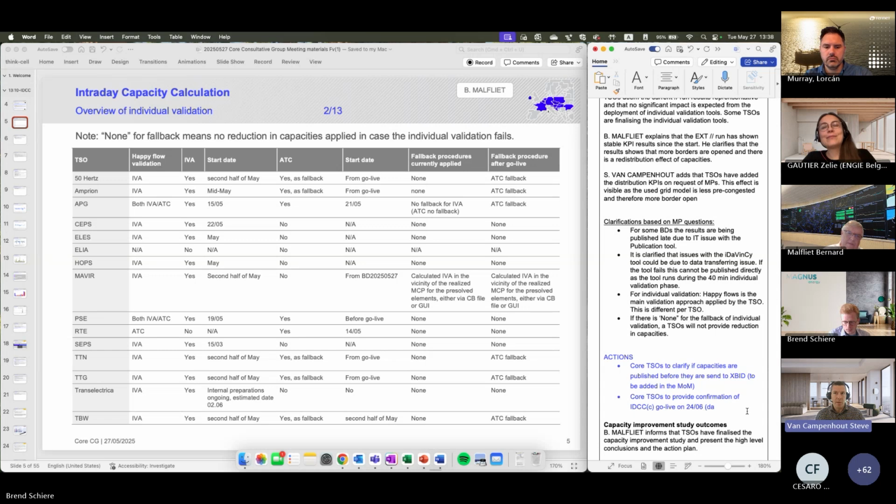Yeah, so it will be very similar to the previous go-lives of IDCC A and B. At the moment where we are technically in the process of deploying the systems to the production environment, we will send the message. So here it will be on the 24th, because then we are deploying it. And once the calculation has run successfully, in the night of 24 to 25th, we will follow up with the communication in the morning to say that it has run successfully.